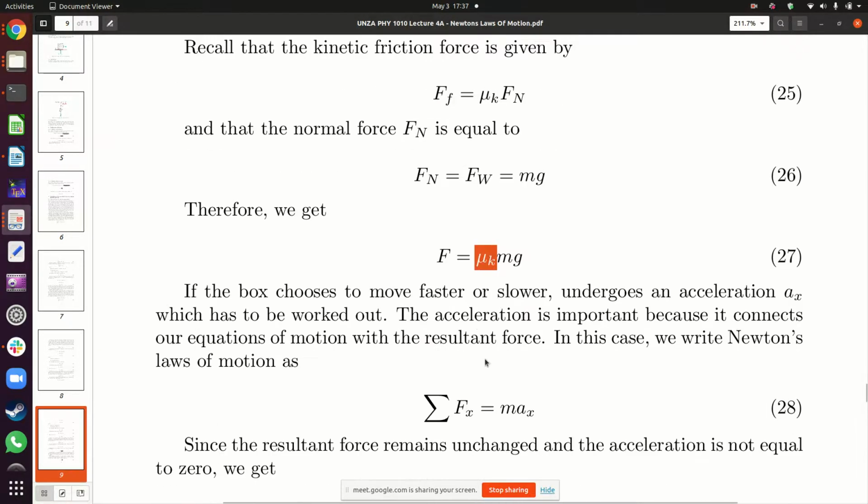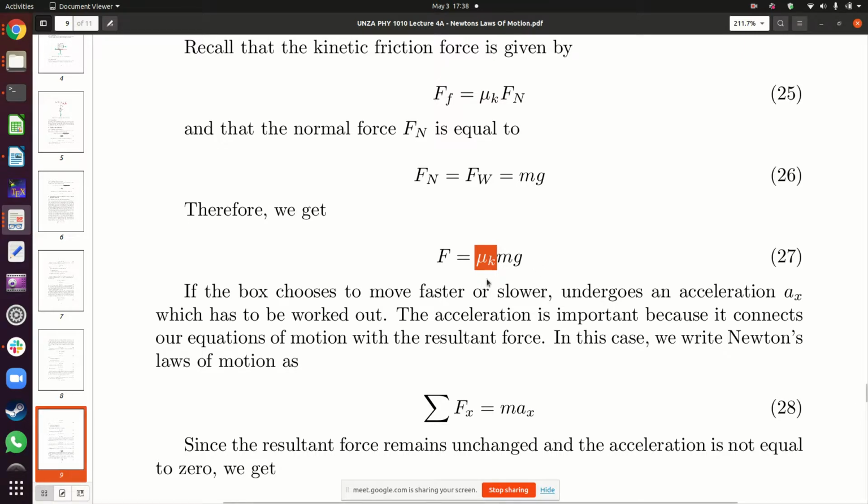Usually, the coefficient of kinetic friction has values somewhere around 0.2, 0.5, 0.15. Those are the typical values. However, the coefficient of static friction has a much larger value, somewhere around 0.8, 0.75, 0.85, or 0.9.